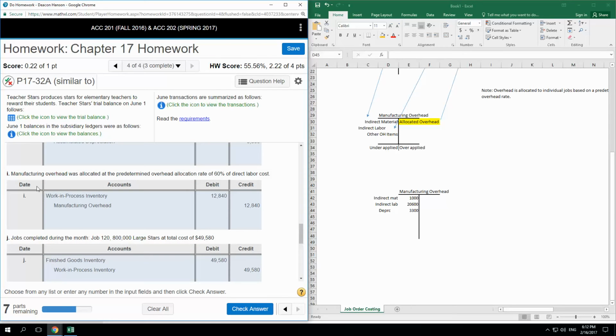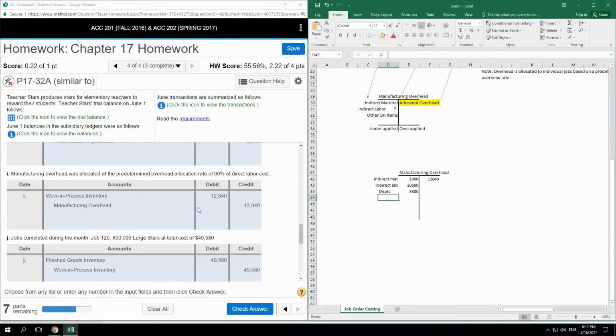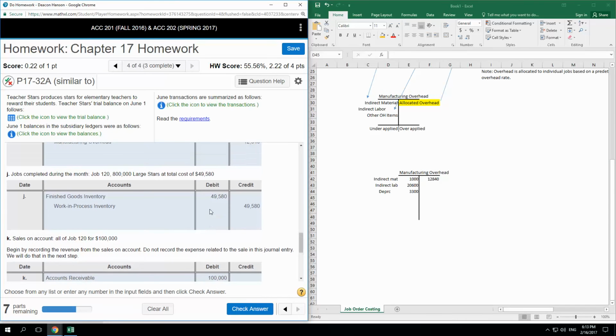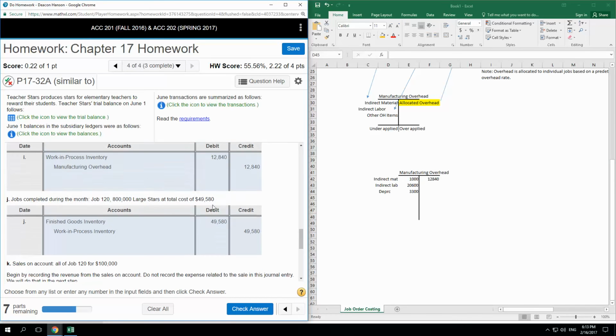In item I, we allocated overhead to work in process. So we took some out of overhead and stuck it into work in process, and that was $12,840. Nothing happened after that.